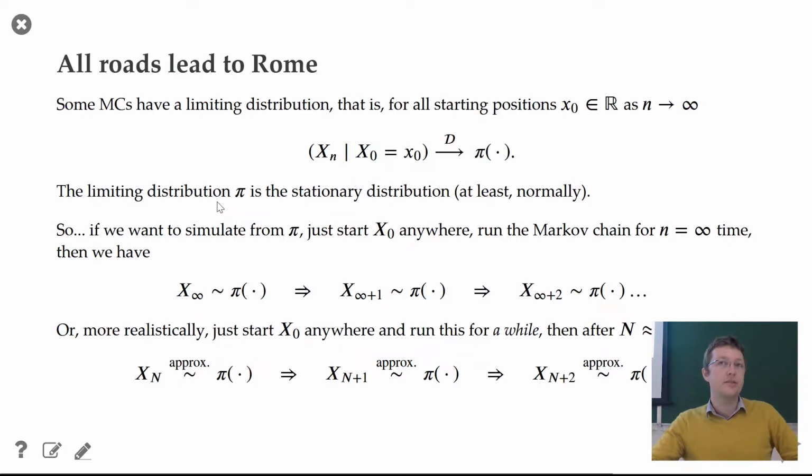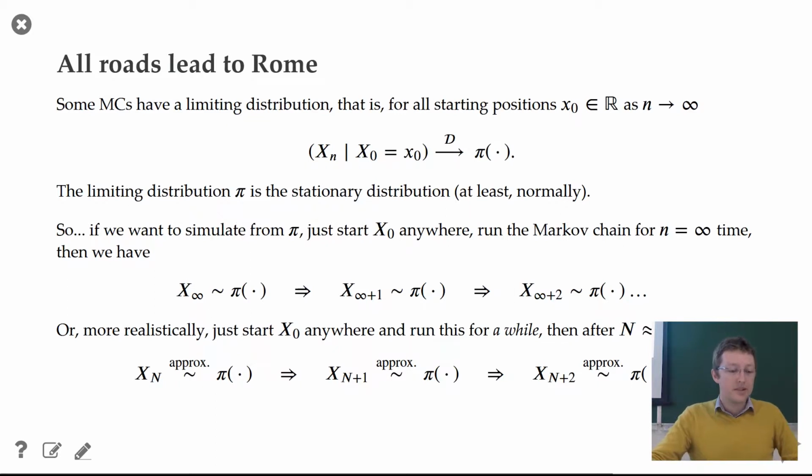That is to say, the limiting distribution is the same as the stationary distribution. So if you wanted to simulate from pi, you could just start a Markov chain anywhere and let it run for a very long time.